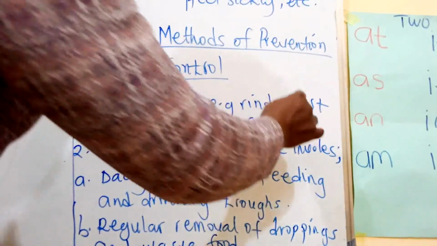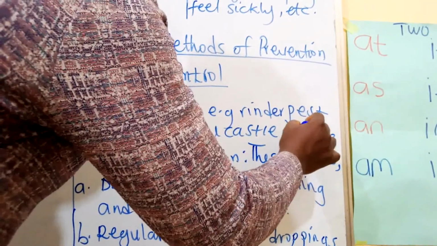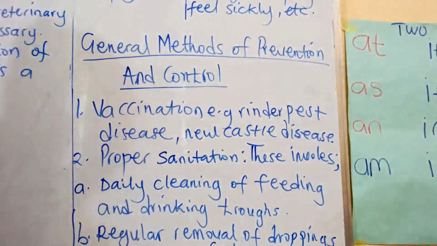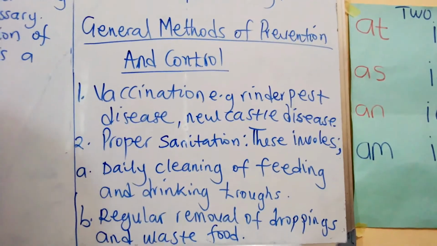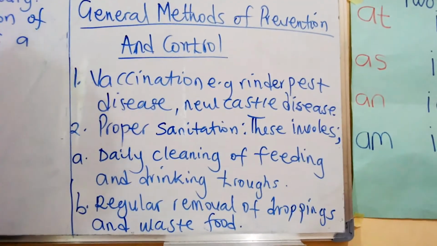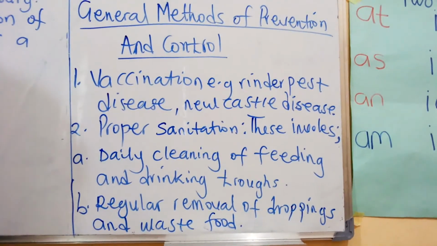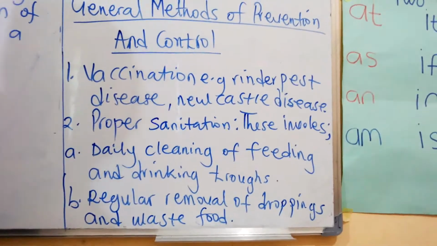Alright, the next one is proper sanitation. This involves daily cleaning of feeding and drinking troughs, regular removal of droppings, that is the stooling, and waste food.